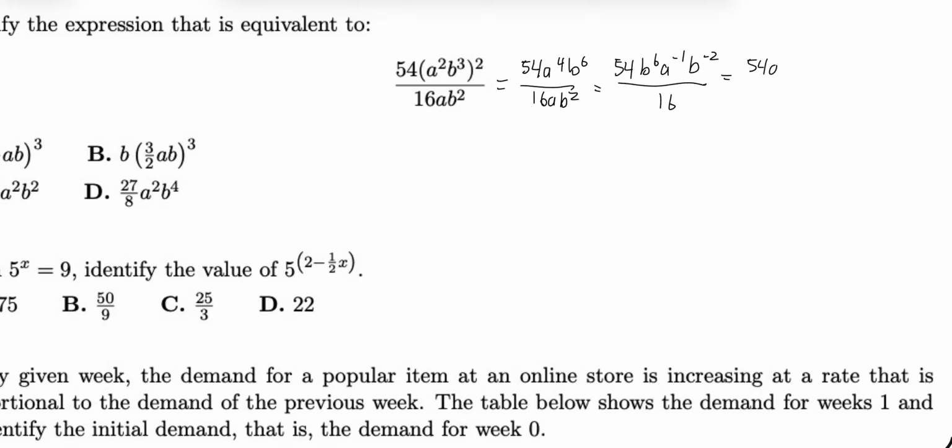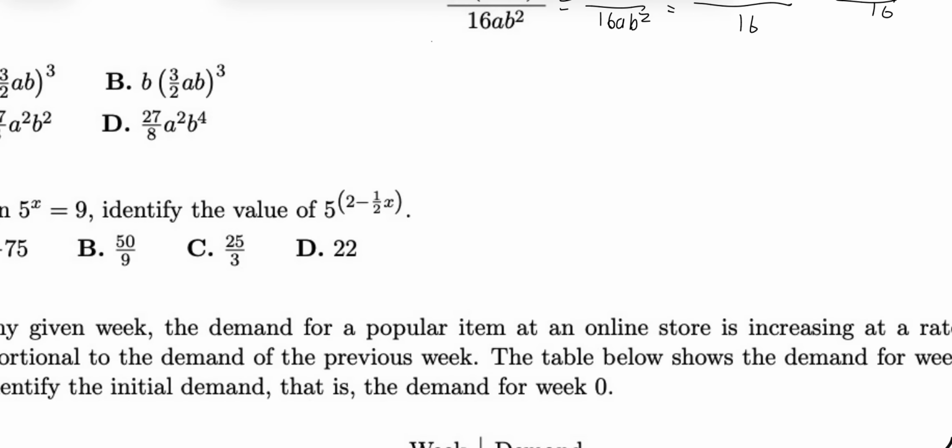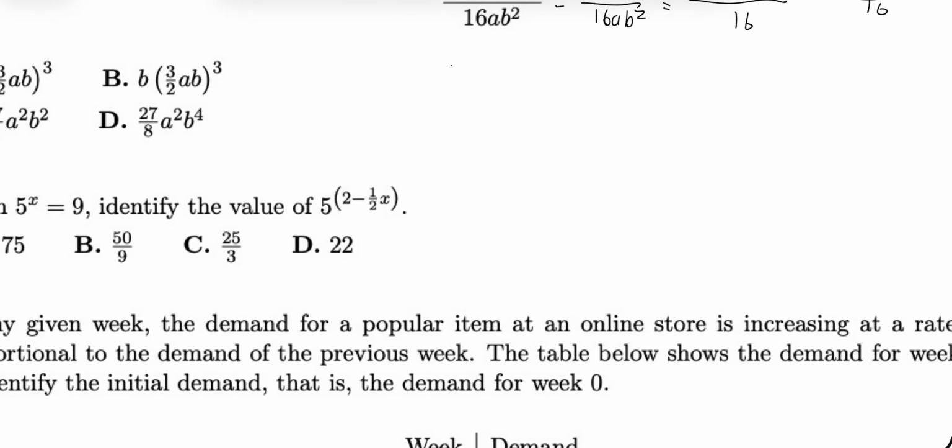We have 54 a to the power of 3 b to the power of 4 over 16. Now we can reduce the numerical coefficients by canceling a factor of 2. 27 a to the power of 3 b to the power of 4 over 8. Rewrite this coefficient as a perfect cube. Instead of 27, we can do 3 to the power of 3, a cubed, b to the power of 4 over 2 cubed.